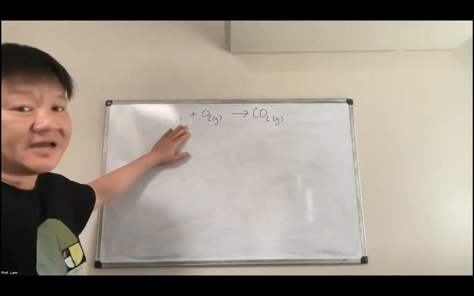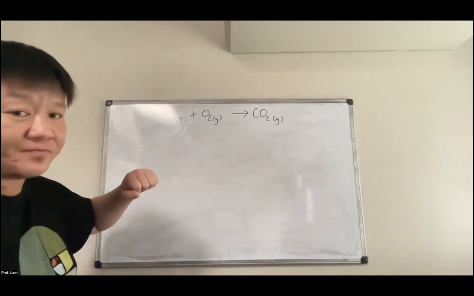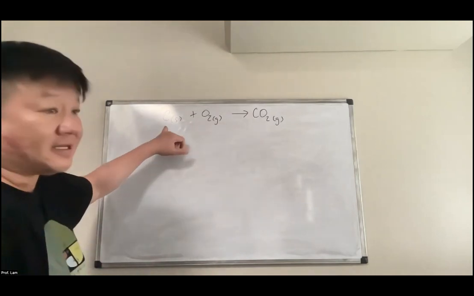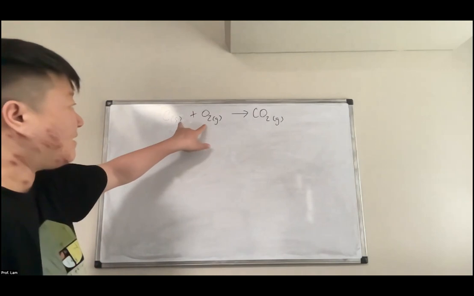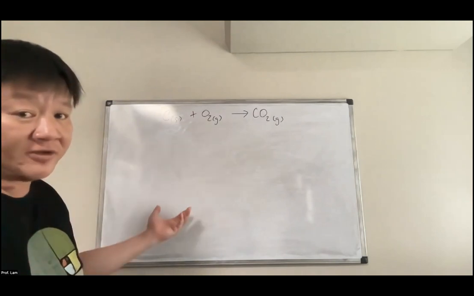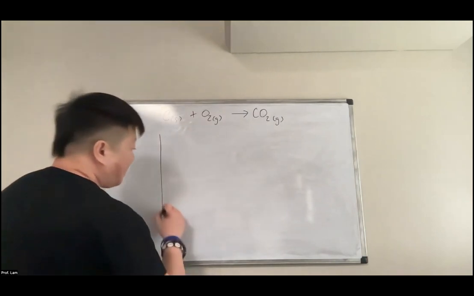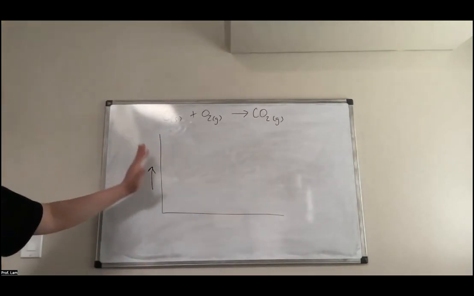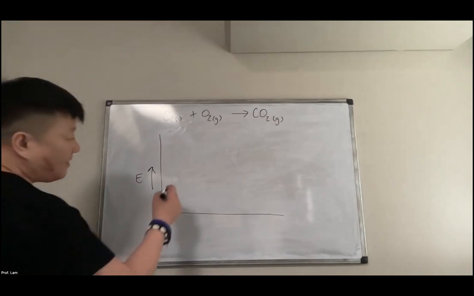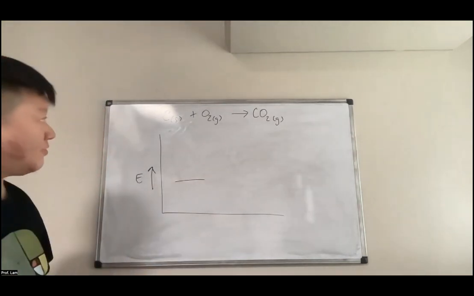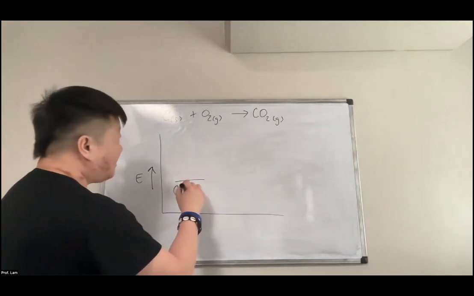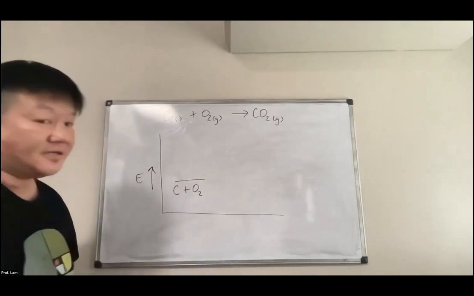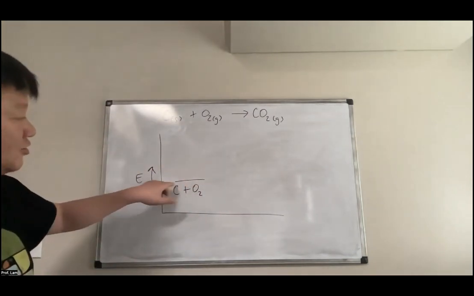Now, on the reactant side, remember we were talking about internal energy, okay? So let's say carbon had some amount of internal energy, and you add it to O2's amount of internal energy. So in your energy diagram, all you need to draw is the y-axis is energy going up, and you're going to draw a horizontal line for the reactants. Okay, so that would be where their internal energy is, right?